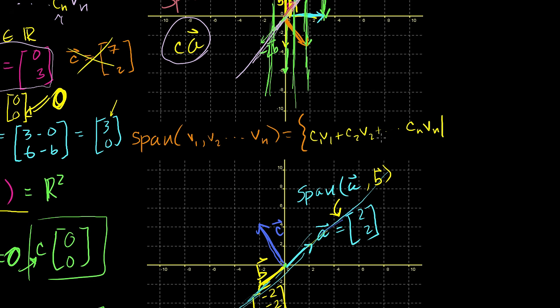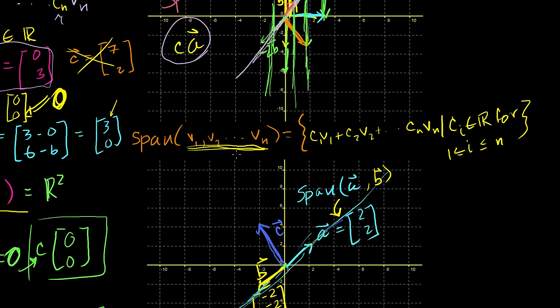So this is a set of vectors, because I can pick my ci's to be any member of the real numbers, for i being anywhere between 1 and n. All I'm saying is that I can multiply each of these vectors by any arbitrary real value, and then I can add them up. And the set of all of the scaled-up combinations I can get, that's the span of these vectors.